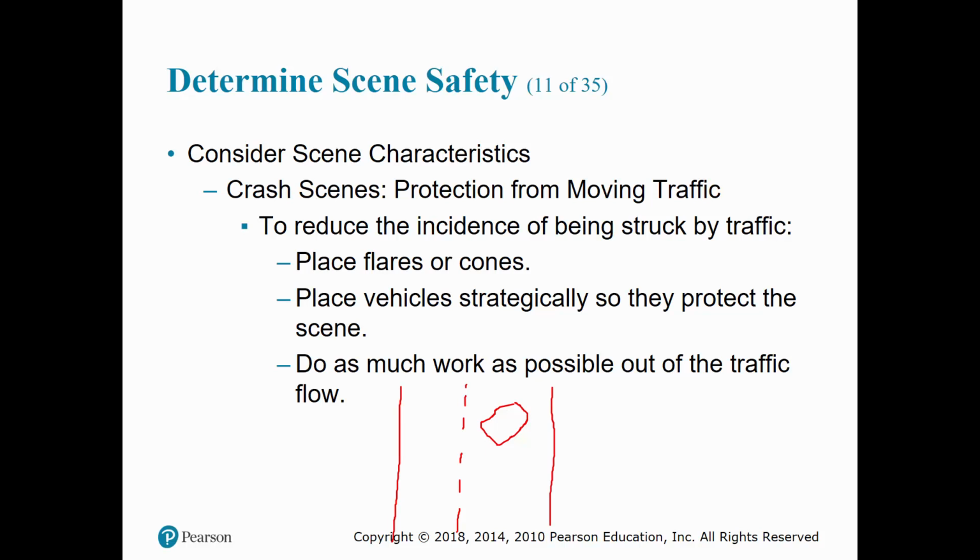So there's the wreck. With the fire apparatus, obviously not this close to the wreck, they would position their apparatus in a way to where now the scene is protected. And then the ambulance will come up here, park on that side. That way everybody is now protected.